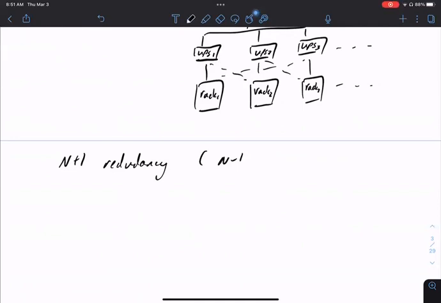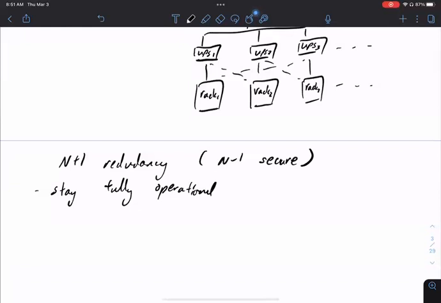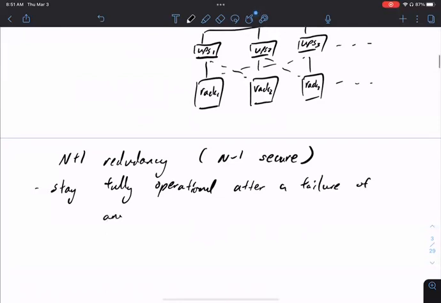So people who have taken power systems, this is exactly the same thing as n-1 secure. What this means is you stay fully operational after a failure of any single element or single device.